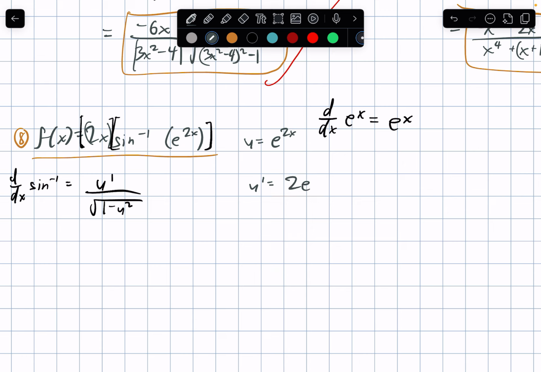I think it's this. But there's no minus 1. So, basing from this formula, but still you apply chain rule, so you bring down 2. Let me just see if, I can't really be sure, but let me find a way that could help us make sure. I don't know, bro. Let's just see if it works. Okay, u prime is going to be 2e raised to 2x.